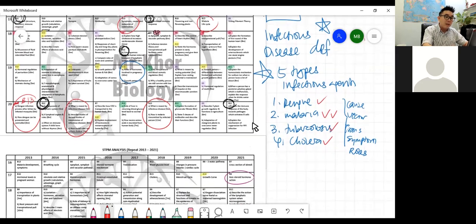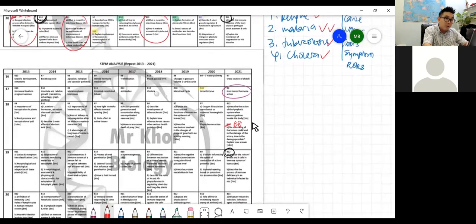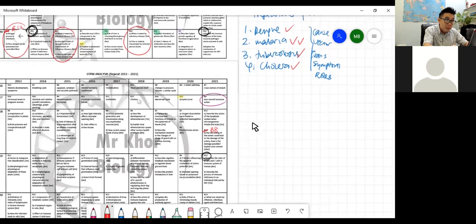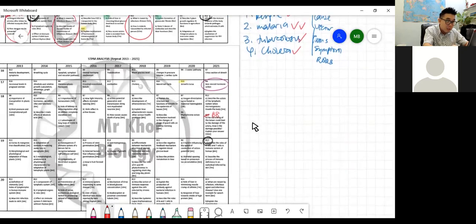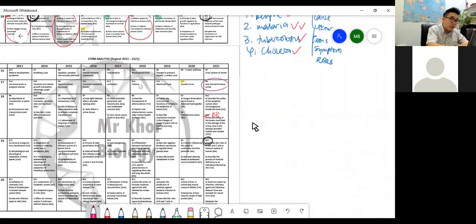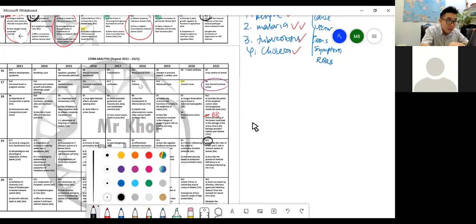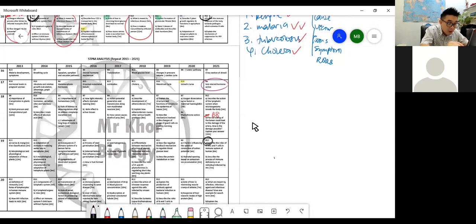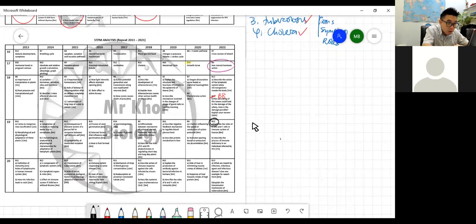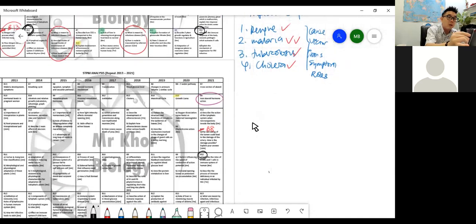Okay. Now let's look at the repeats, guys. In terms of repeat, I'm going to use another color to tick. Let's say I use black color. So last year, last paper came out tuberculosis. In fact, I remember tuberculosis got 2. Cholera 1 time.